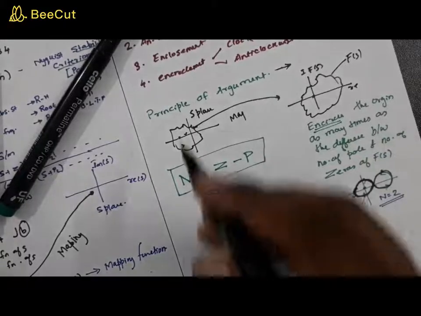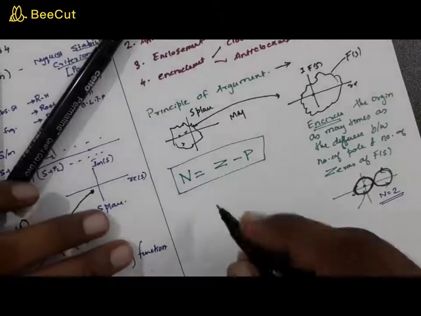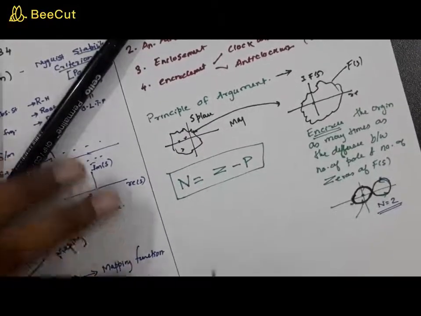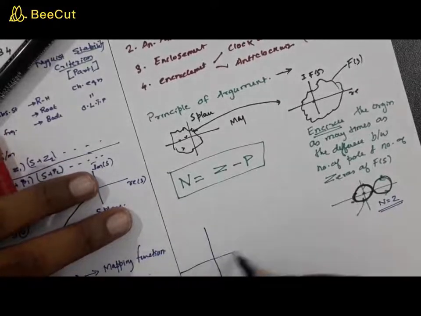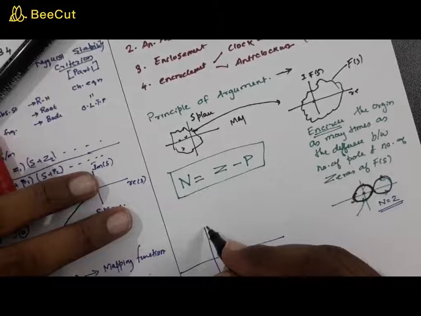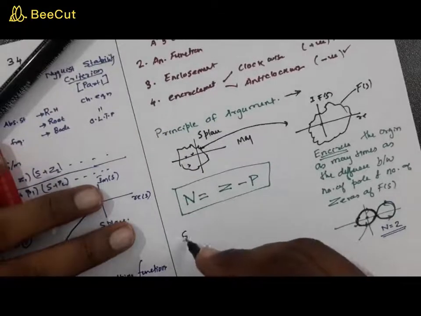Now, using this principle of argument, what is our primary concern? The primary concern is that I want to check the stability.